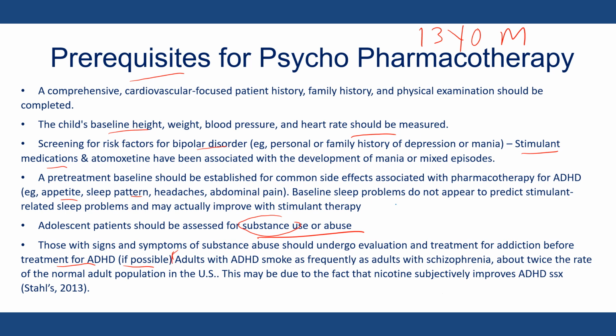Adults with ADHD smoke as frequently as adults with schizophrenia, about twice the rate of the normal adult population. The reason behind that is the fact that nicotine subjectively improves ADHD symptoms.